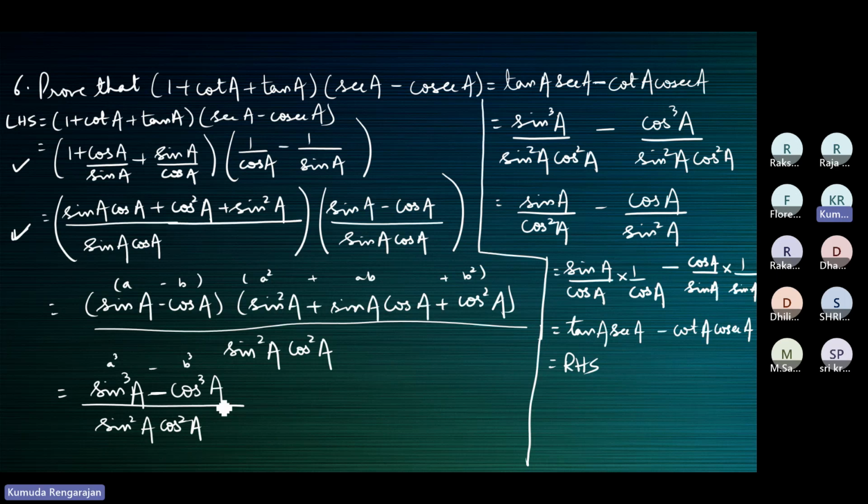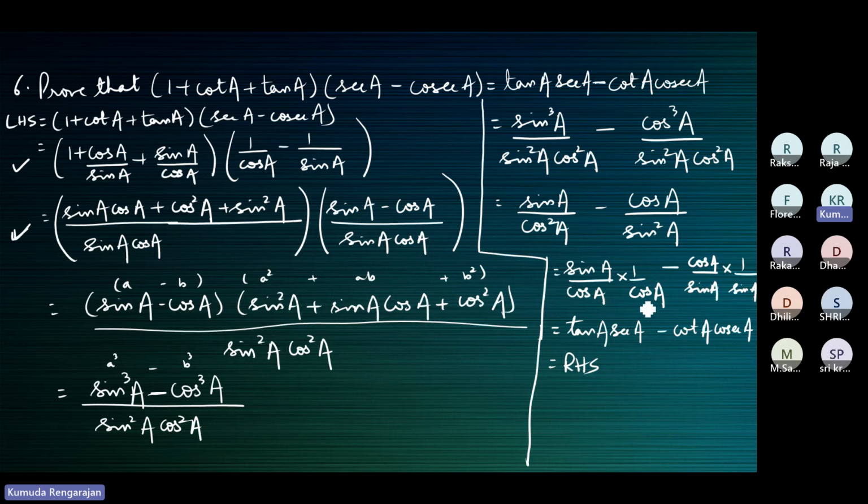Now the numerator is a cubed and the denominator a squared, so that gets cancelled. You'll have only one sine a remaining in the numerator by cos square a, minus cos cubed a, where cos square a cancels, and you'll have only one cos a in the numerator by sine square a. Now we know this cos square a is made up of cos a and cos a. So sine a by cos a, and there's one more cos a, no?